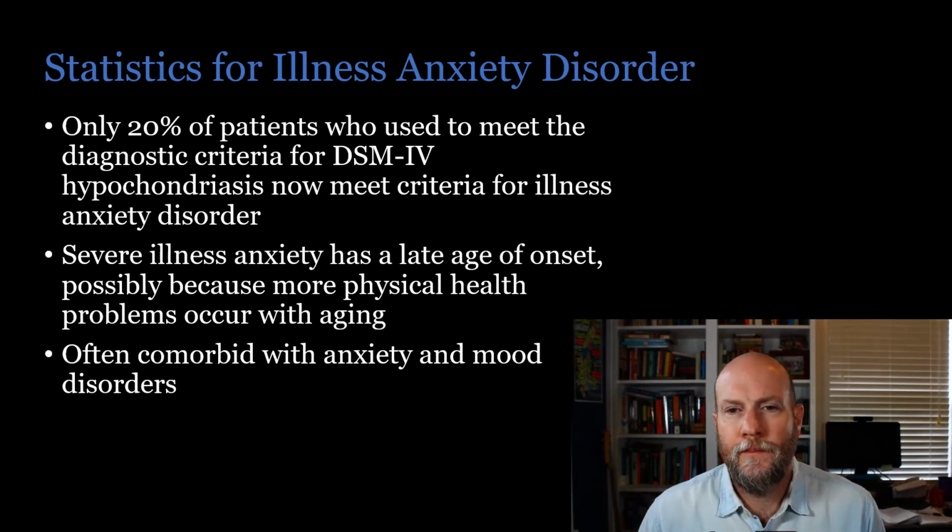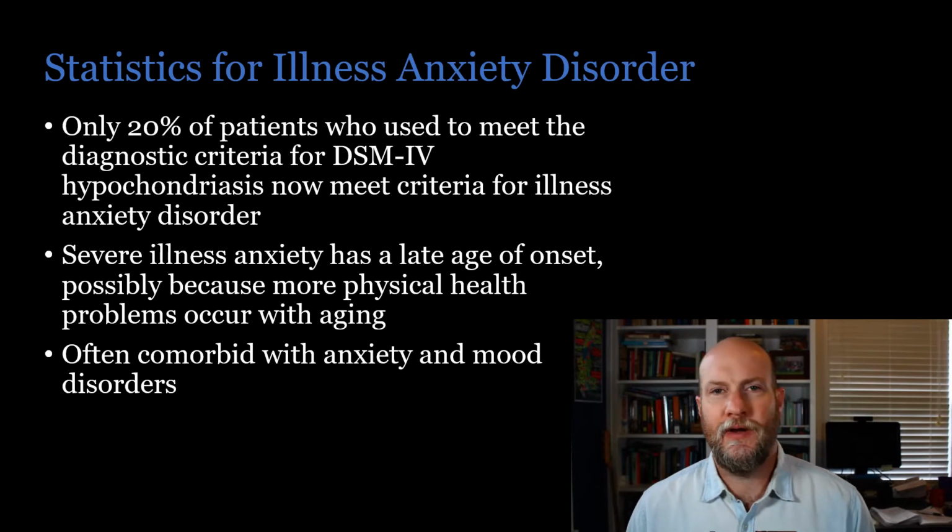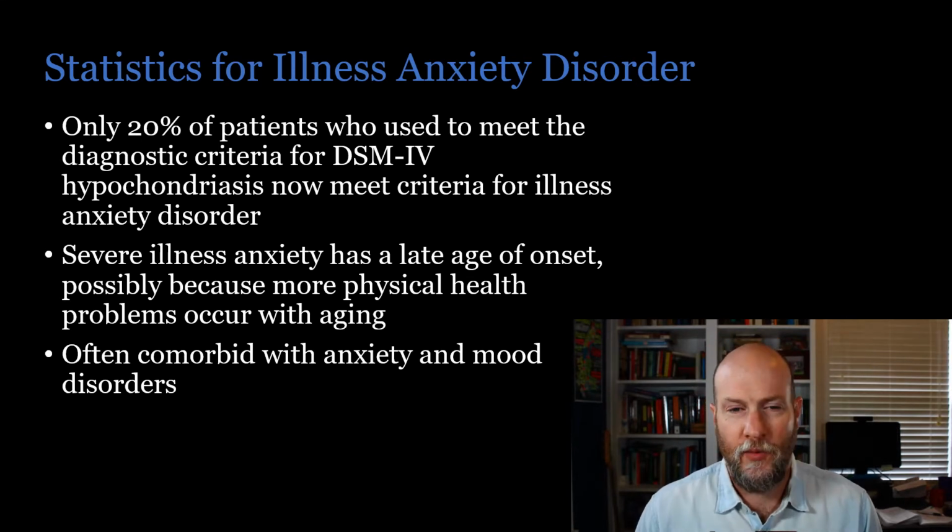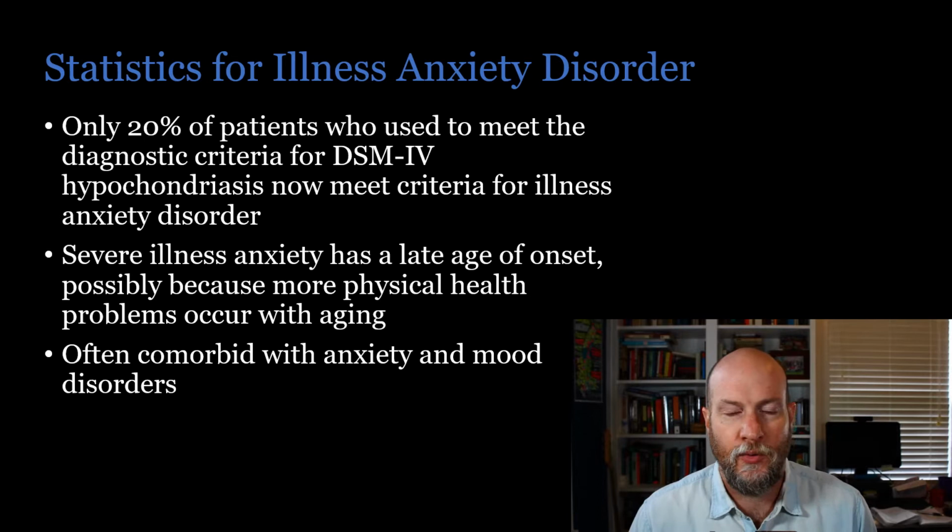So in the transition from hypochondriasis in the DSM-4 to illness anxiety disorder, things were made a little more tight, a little more narrow in what constituted a disorder. Now, this is likely due to research by the committees that were building the DSM-5 saying that the threshold for hypochondriasis is too low.